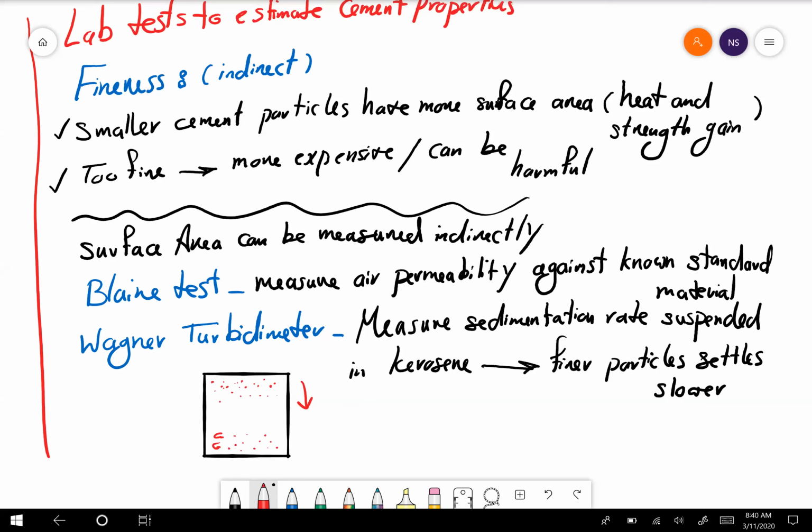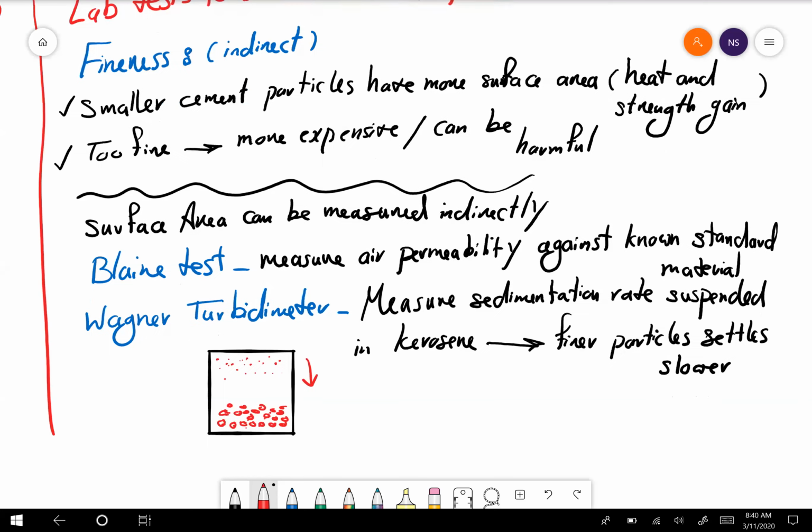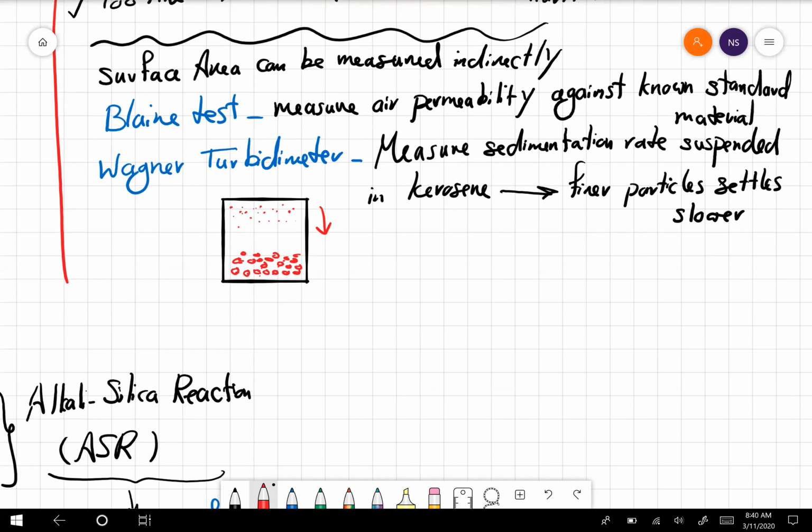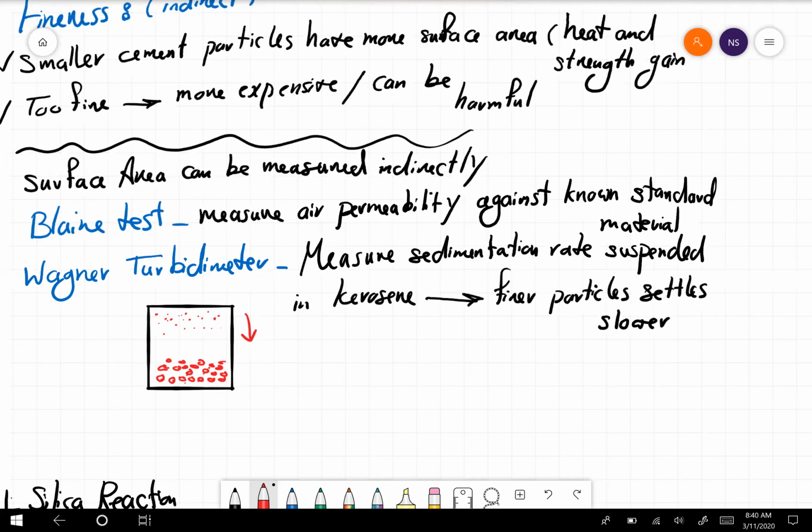And if you have coarser or bigger particles, of course, they settle faster, right? So from the time it takes for the particles to settle in a standard liquid, you should be able to measure the fineness of the material, right? So that's the fineness of the Portland cement that we need to know.